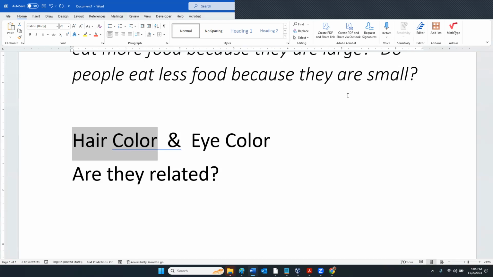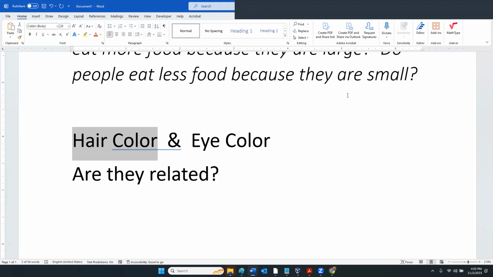Now, what about eye color? When you go to the BMV, do they have some sophisticated scale they measure eye color with, a range of values? Or do they have specific categories for eye color on your driver's license? A specific category, right? And what are the different colors of eyes?